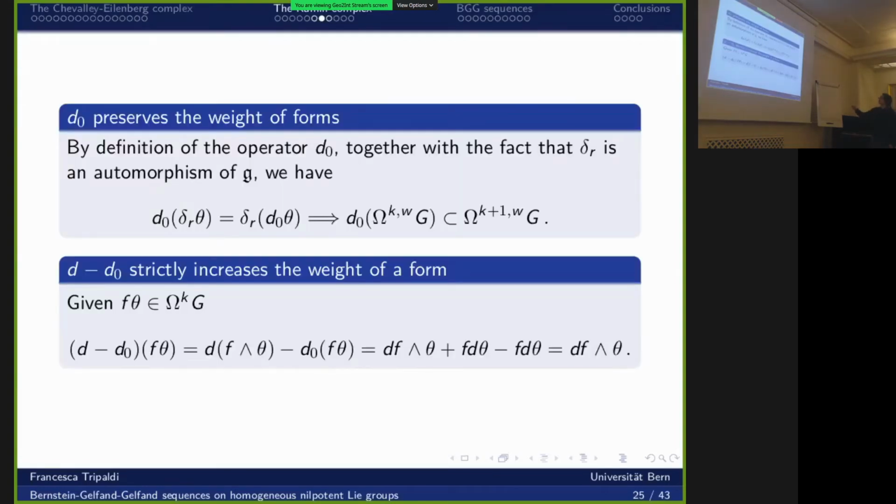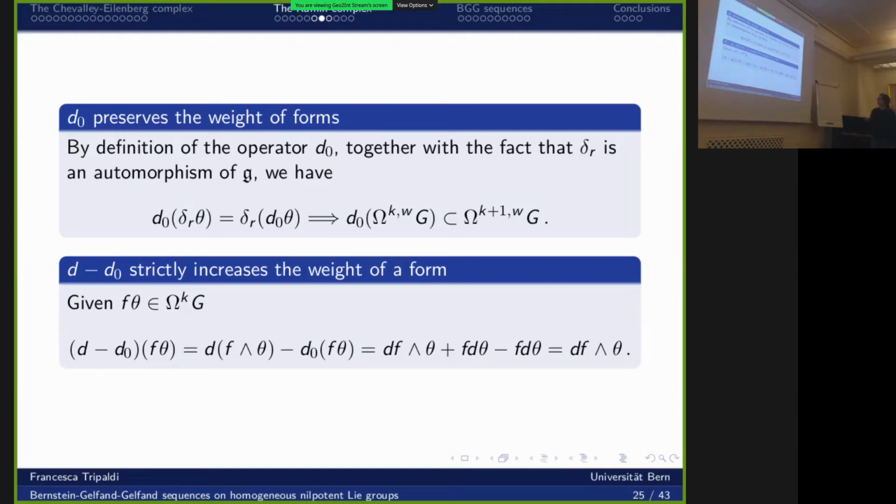The algebraic operator D0 that doesn't differentiate actually preserves the weight. And when you remove D0 from the whole exterior differential, then it strictly increases the weight.